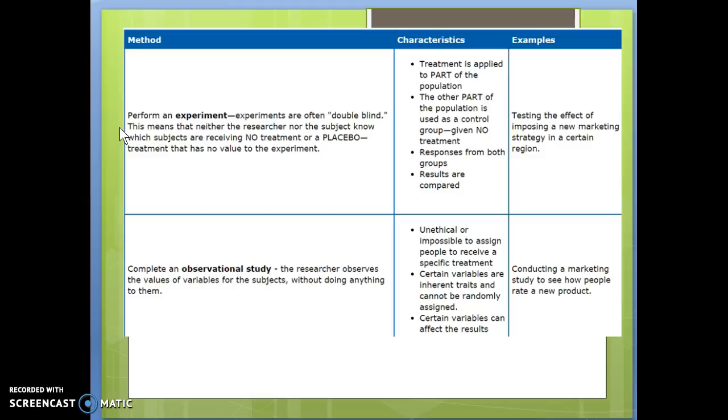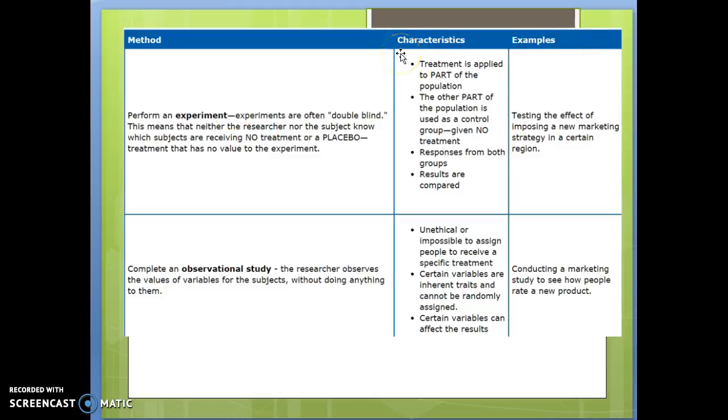This means that neither the researcher nor the subject knows which subjects are receiving no treatment or a placebo treatment that has no value to the experiment. So double-blind is the best. Sometimes you can do single-blind, meaning the subject doesn't know who received the placebo or who received no treatment.